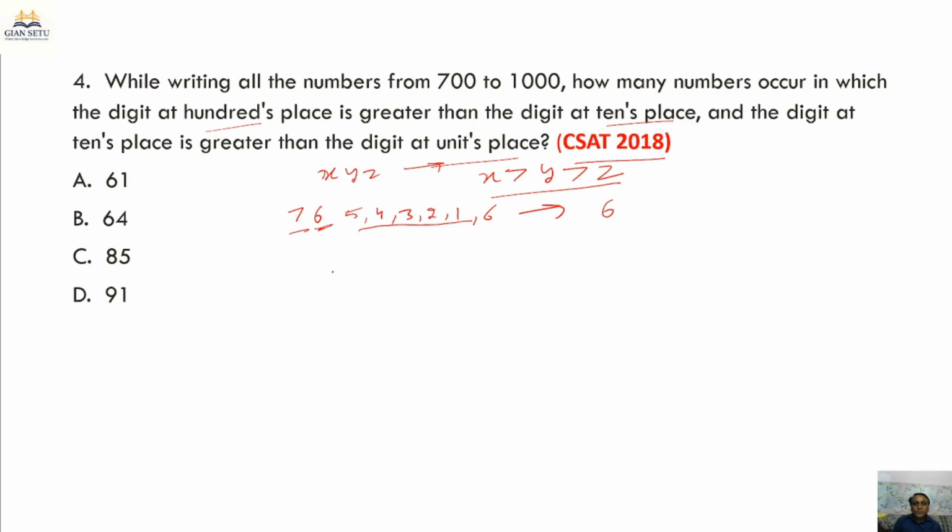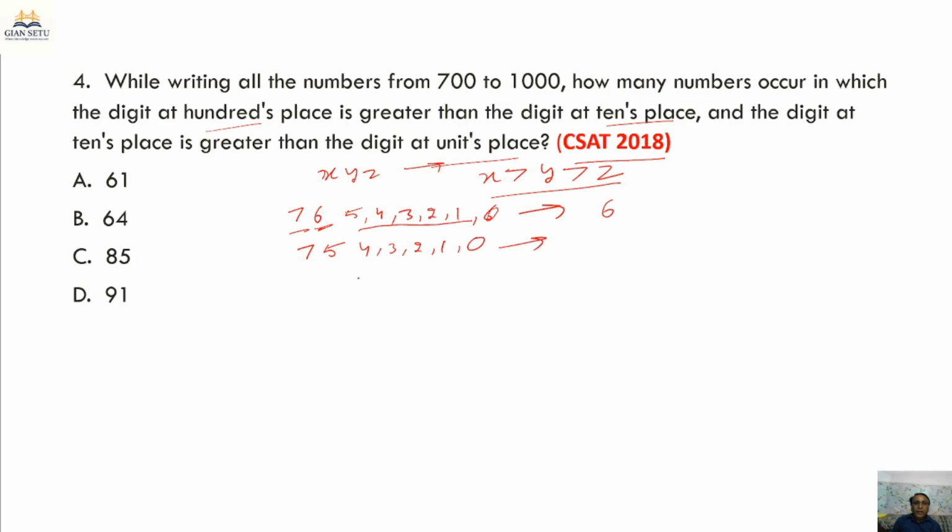Now let's suppose we have 7 at hundreds place and 5 at tens place. Then the digit at units place can be 4, 3, 2, 1 and 0.